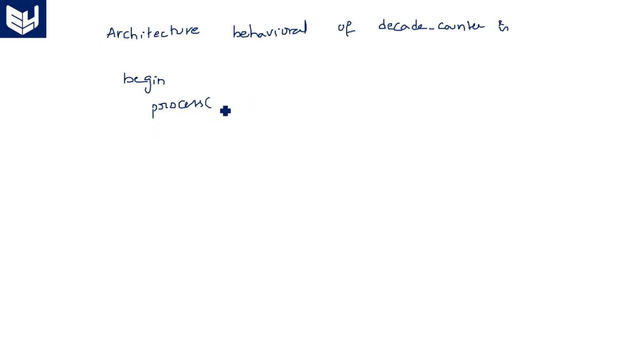Process. Whenever the process comes, we can easily say that it is a behavioral model of the VHDL code. Process with reset, clock, and D. Process begin. If reset is equal to 1, then what happens?